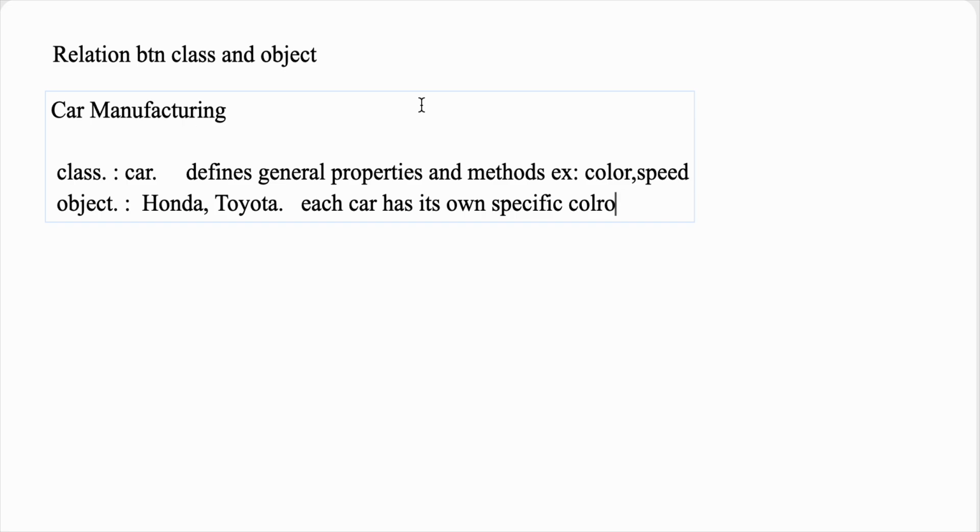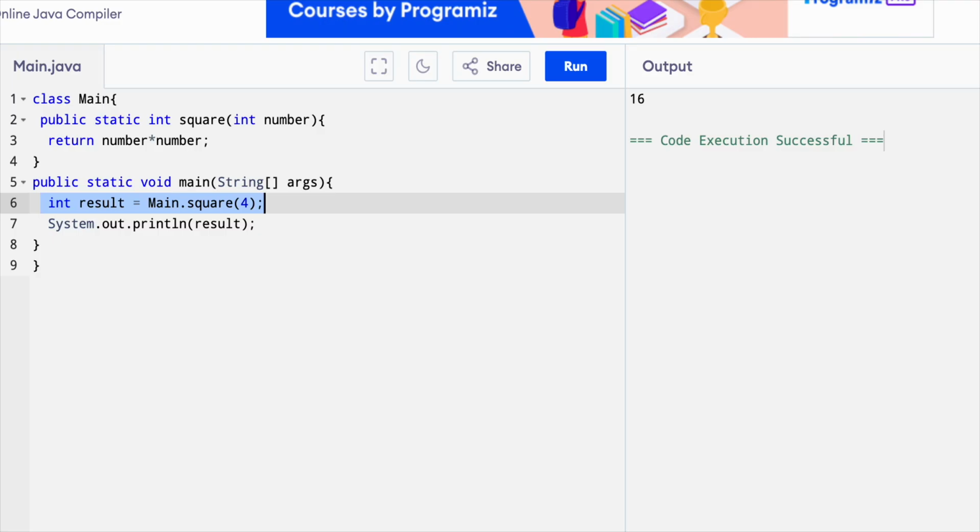Blueprint in the sense that it defines the properties and methods in code. Here, this is a class, like a blueprint, and this defines the properties and the methods. These are the methods we can say right now. This is regarding the class.